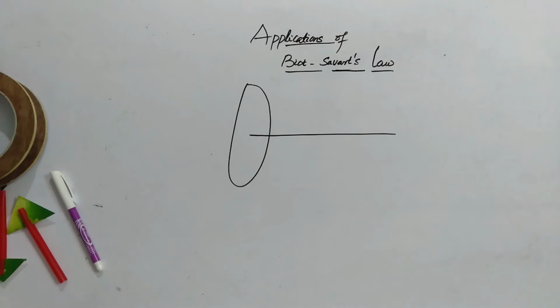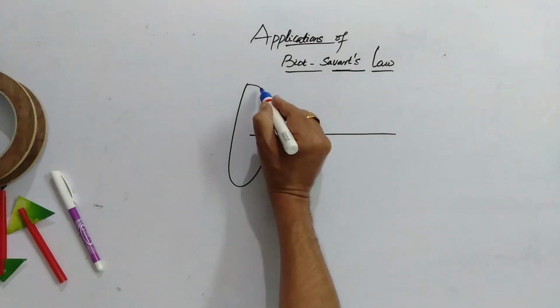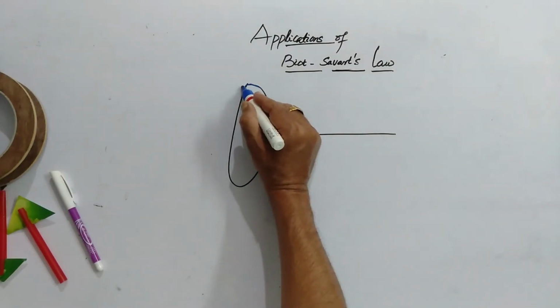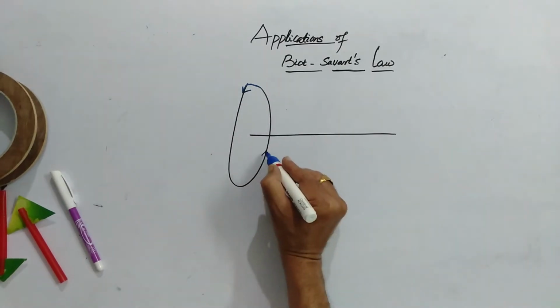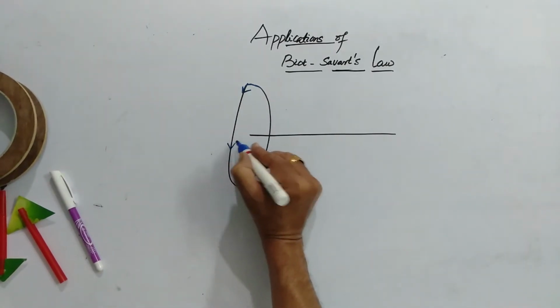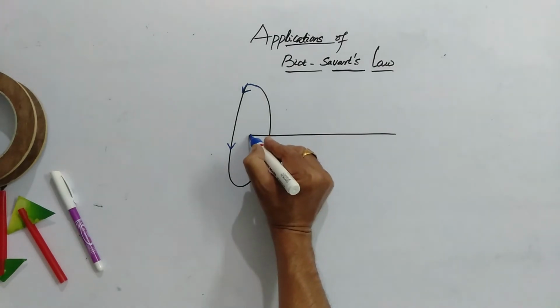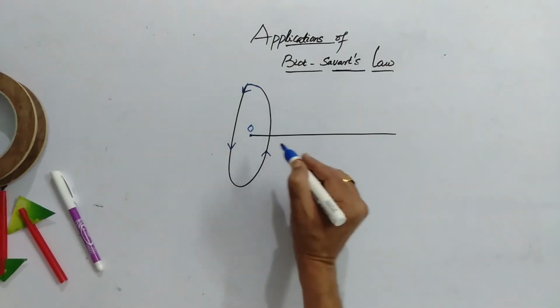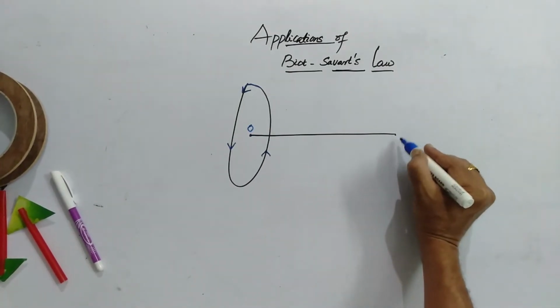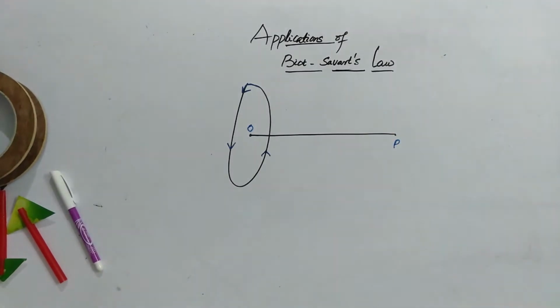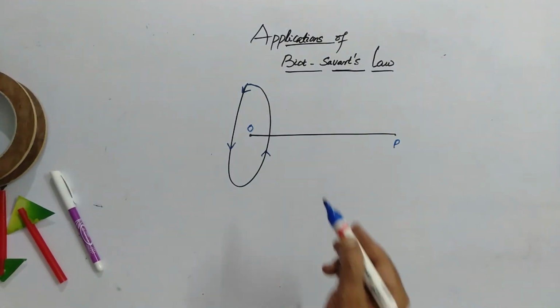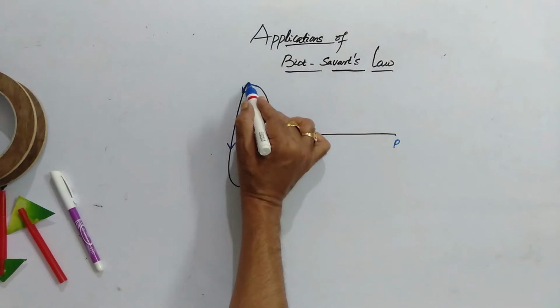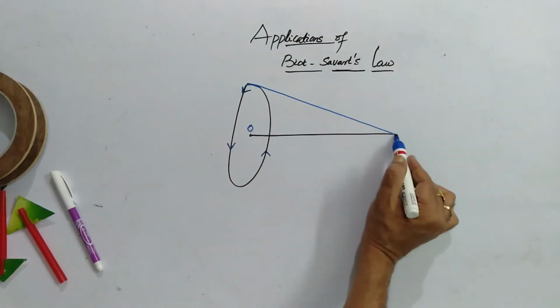We have to take a current element. This is the direction of current. This is the center. This is our point of interest, P. Now you have to join the current element to P.